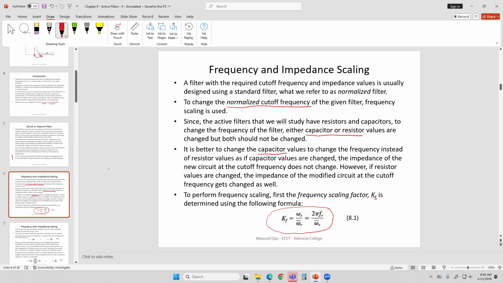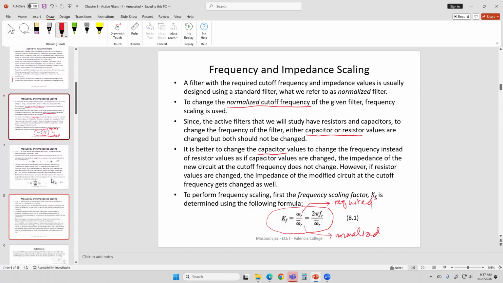So that's the first thing. This is your required frequency, and this is the frequency of the normalized filter. And the ratio of the 2 is going to give you the frequency scaling factor Kf.